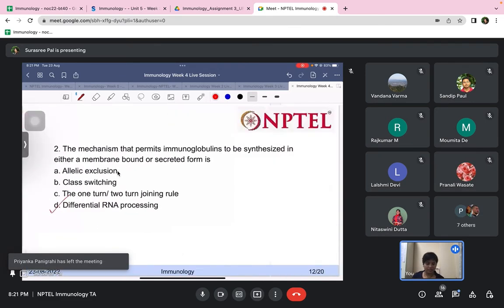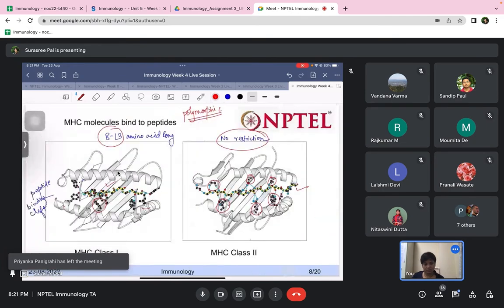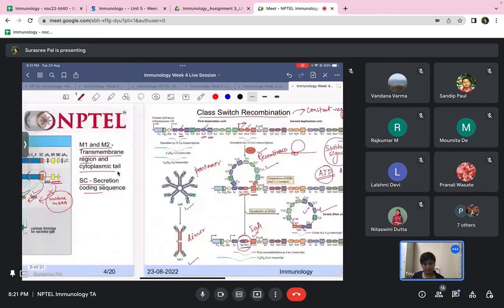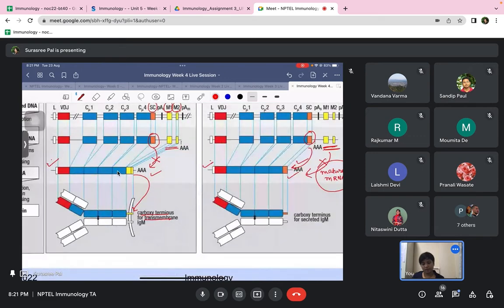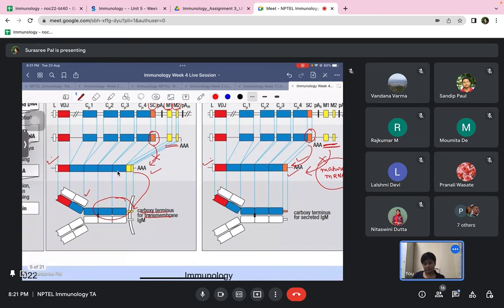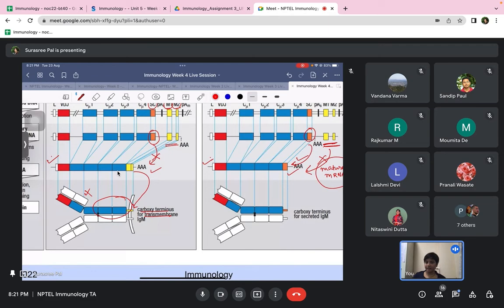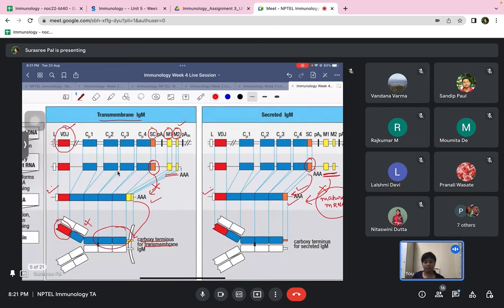So let's go back to that slide once more. Here, look at it. Only the heavy chain, right? And not the light chain constant region. Alright? So that is why the correct answer is that the variable region, this particular region, remains the same because the VDJ recombination has already taken place.